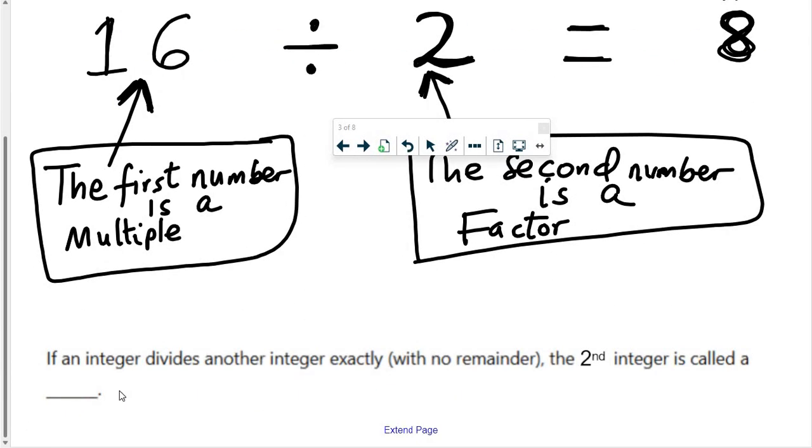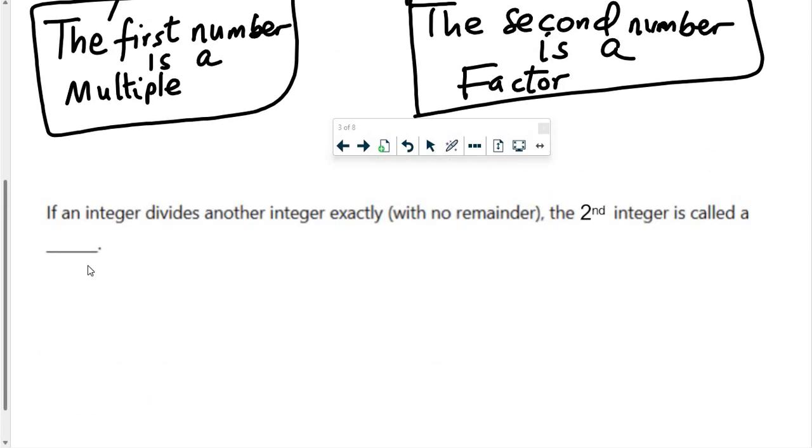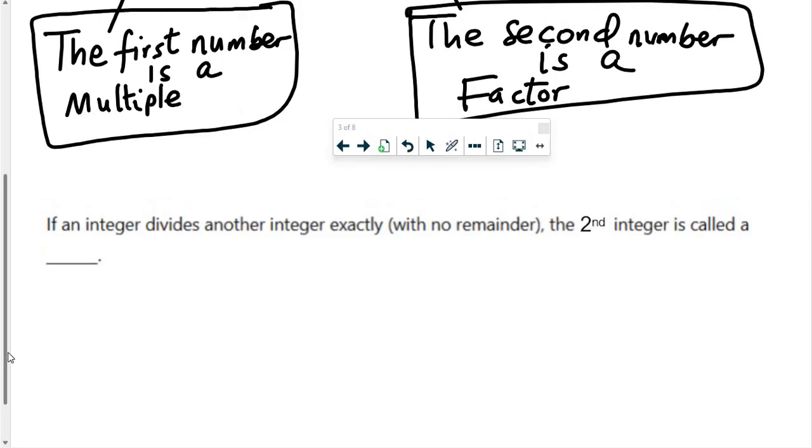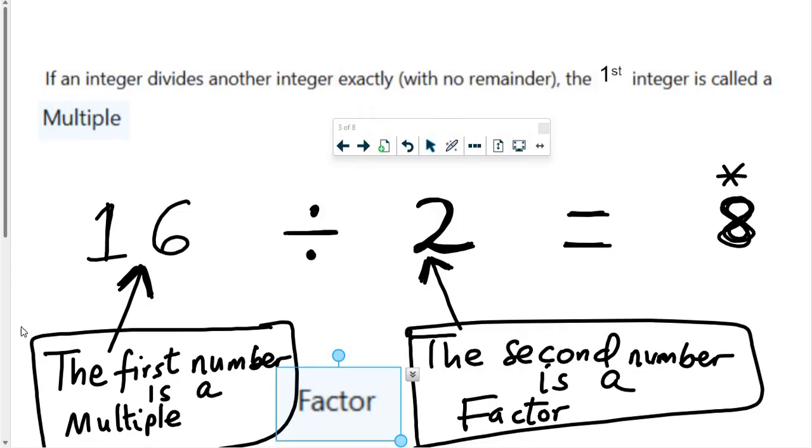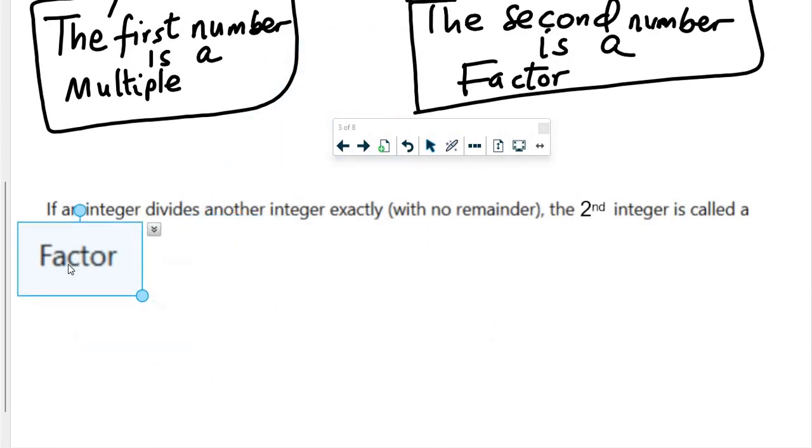Likewise, if an integer divides another integer exactly with no remainder, the second integer is called a factor. So this factor comes here.